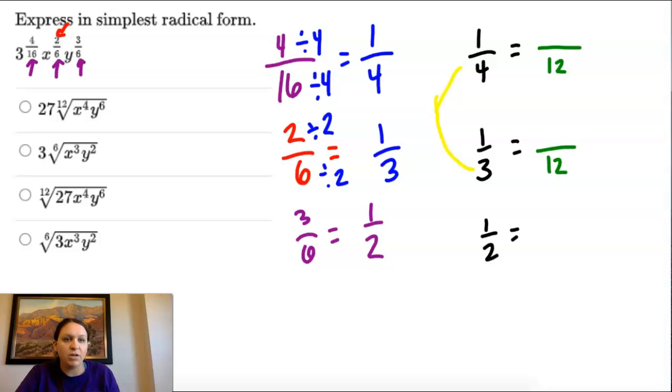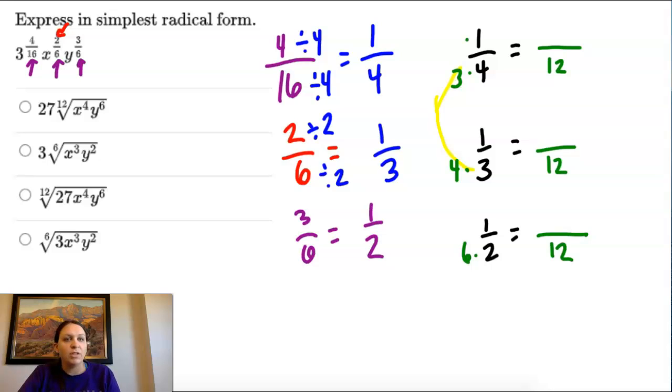That works for those. And it also works with 2, because 2 times 6 will equal 12. 3 times 4 will equal 12. 4 times 3 will equal 12. So that is common for all these numbers.